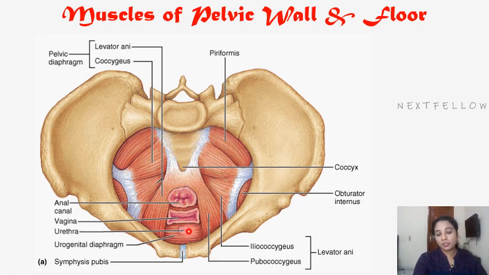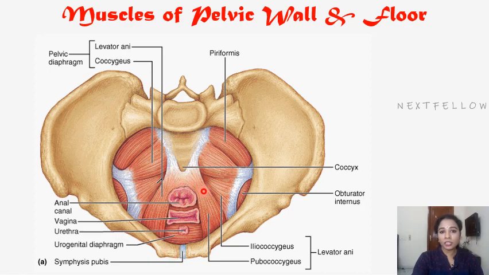Next, moving on to the pubococcygeus muscle. Pubococcygeus is further divided according to which organ it is around. Here we can see a muscle around the rectum. This is the rectum, and it forms a sling around the rectum, gaining its origin from the pubis.